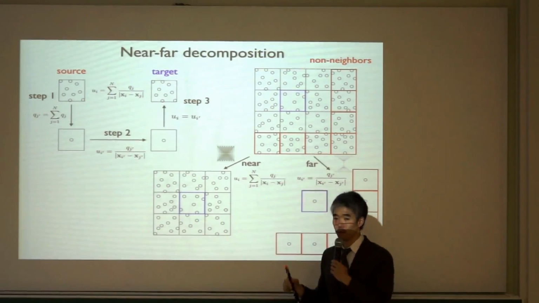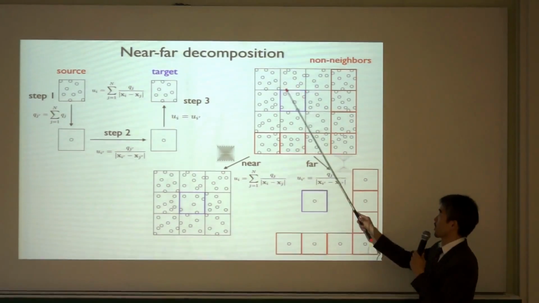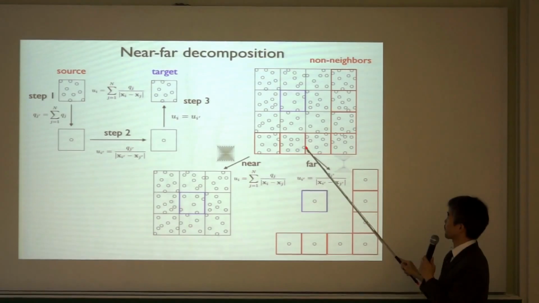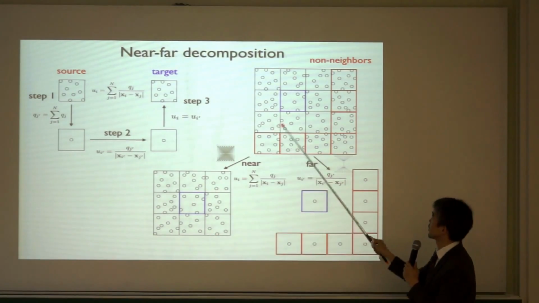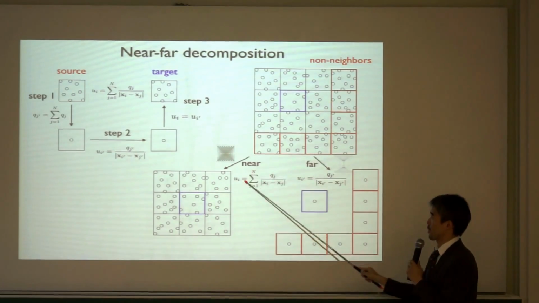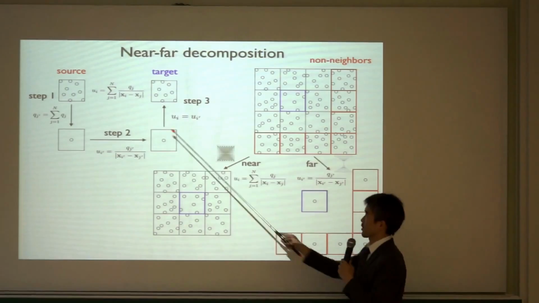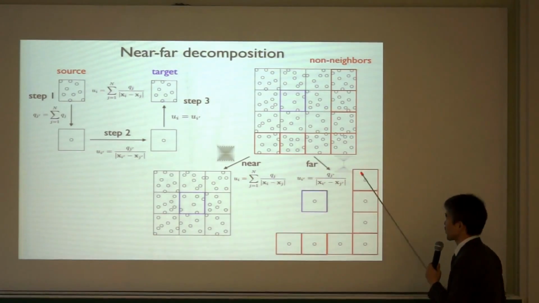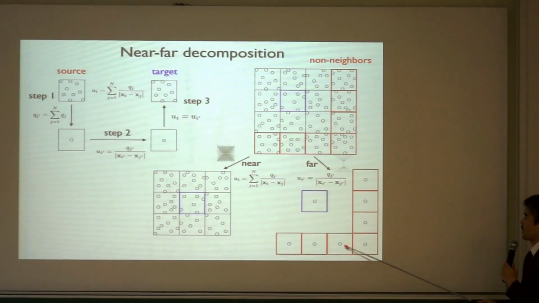Well, the simplest solution is to divide the box into many boxes, and when you're calculating this one, just calculate against these with the approximation, and everything that's close, these ones here, you just calculate with the direct interaction calculation, which is the exact solution. So you only use this approximation if you can identify that the boxes are far enough.